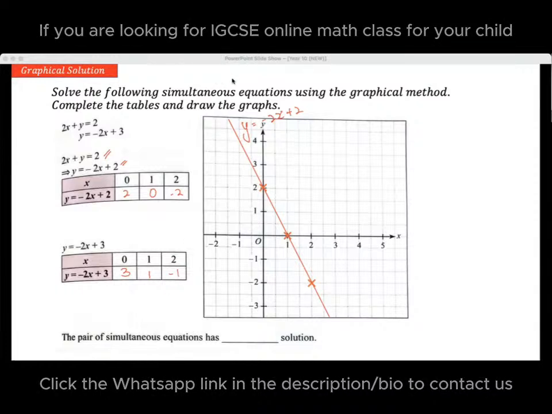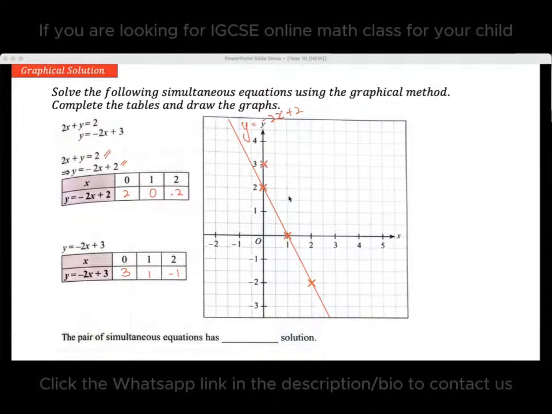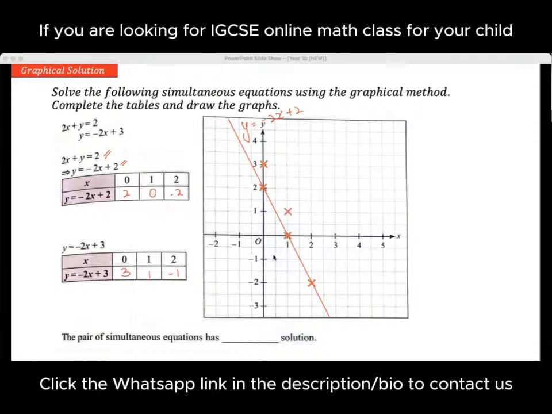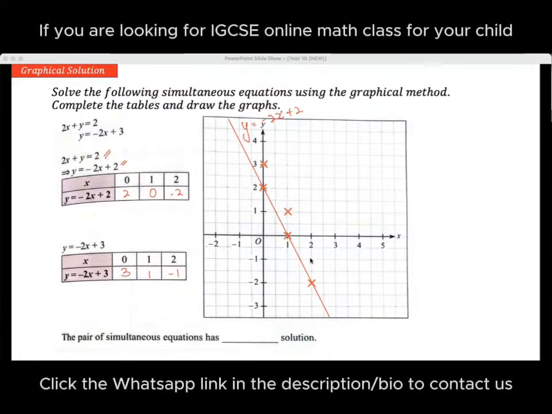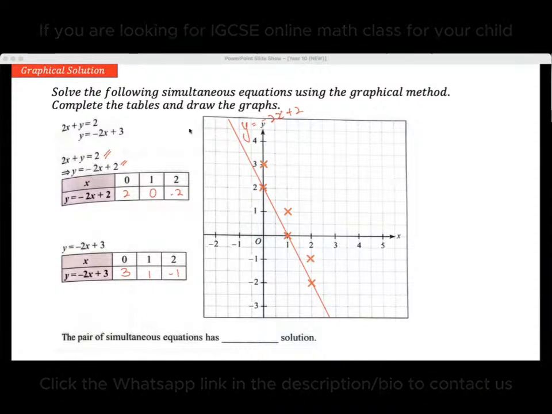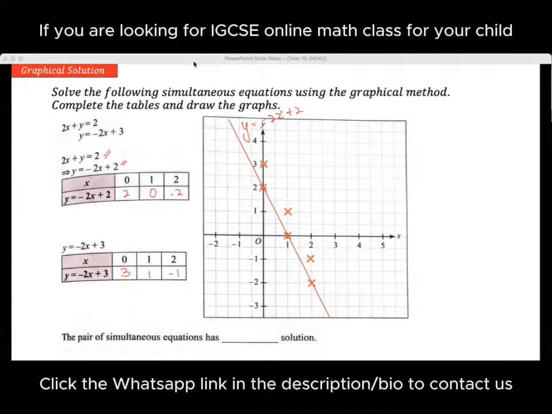So again, you plot when x equals 0, y equals 3. When x equals 1, y equals 1. When x equals 2, y equals negative 1. So I will plot this.